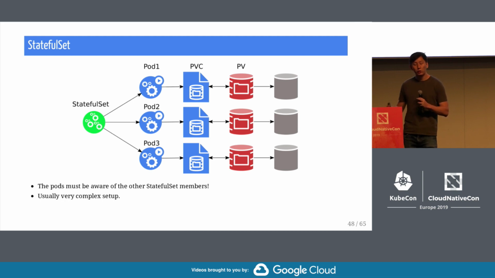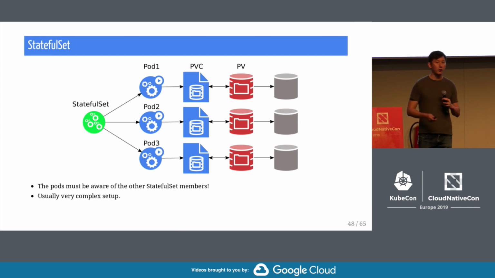So when you're using a StatefulSet, it's very important to keep in mind that you still need to come up with a mechanism to have these pods be aware of each other and be in the same member set so that they can do leader election or run in some sort of active-passive or active-active mode.